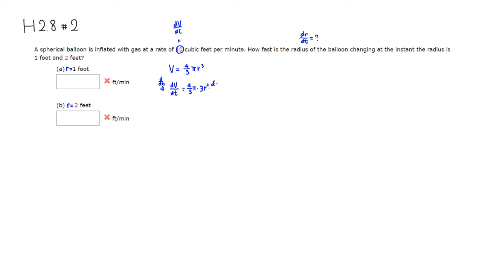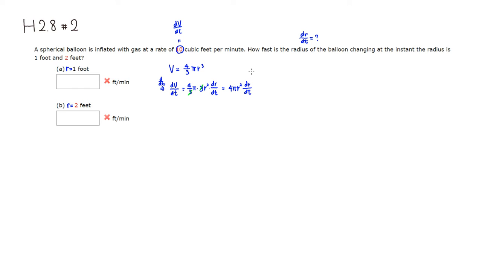But we have to multiply by dr over dt. So by chain rule, right? Then we can cancel 3 on top and the 3 on the bottom. So we get 4 pi r squared dr over dt.